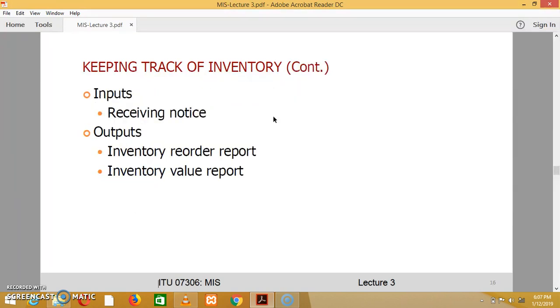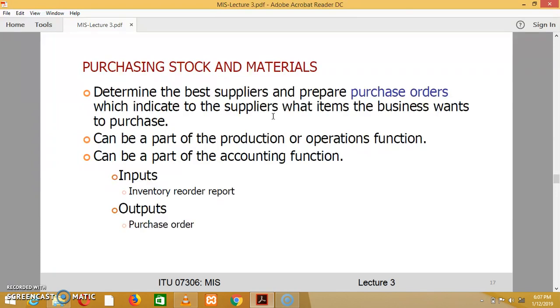So here basically we need the receiving notes, and the inventory order report if there is no inventory for that order, and the inventory value report. So we give those so as to ensure that we get the required inventory for processing the order. And the next is purchase stock and material.